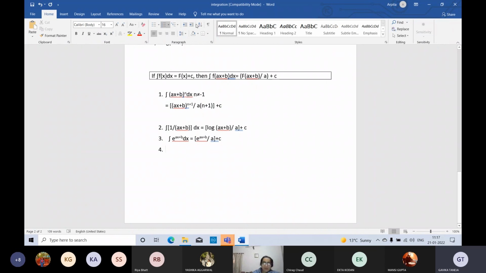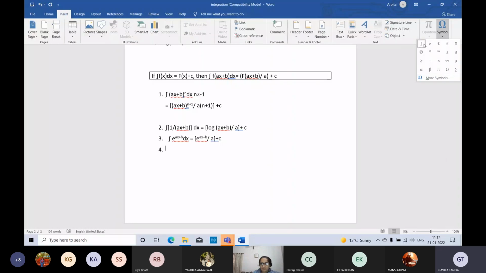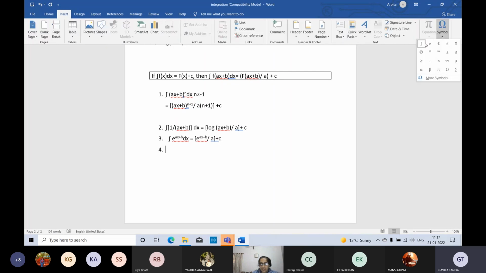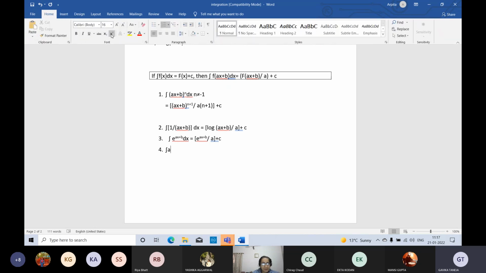Right. So the last one is we're going to integrate a to the power (lx plus m).